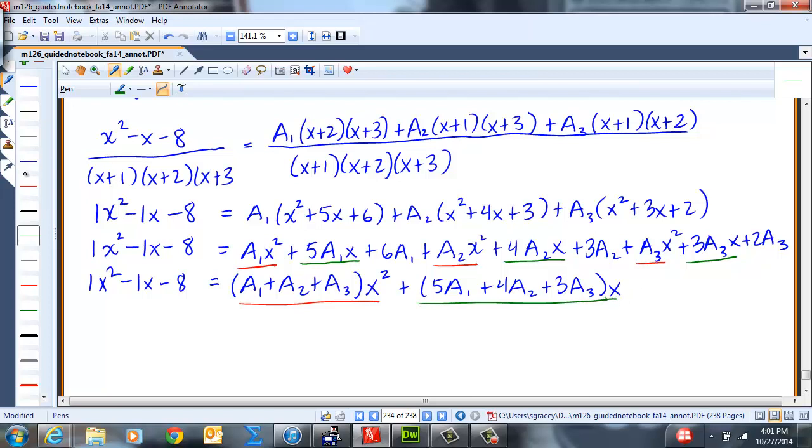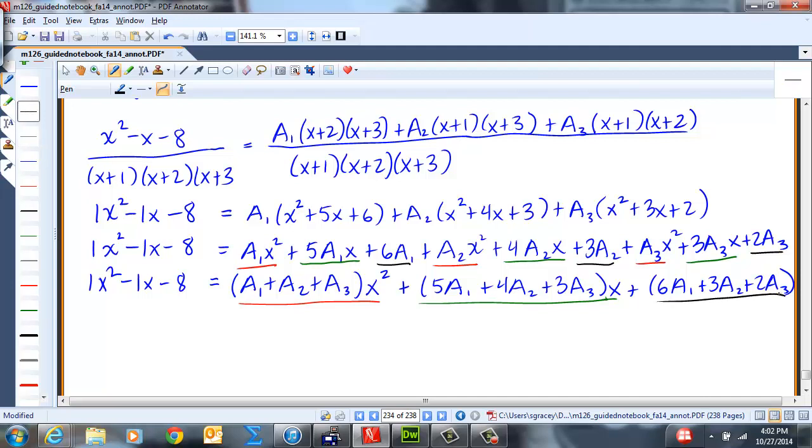And then the constants are what is left, so 6a1 plus 3a2 plus 2a3. And those were our constants.